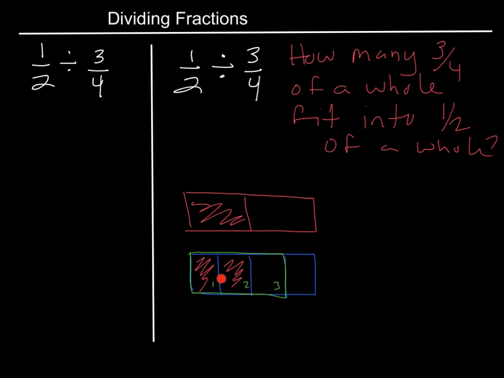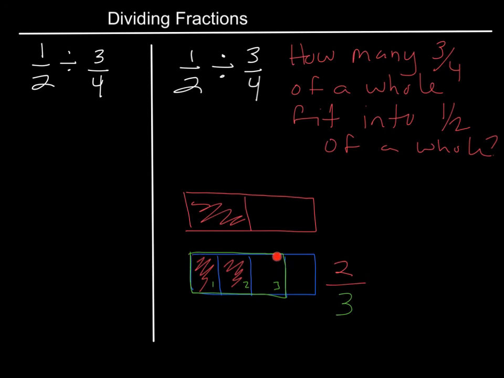Well, you see that I only have 2 parts that are filled in. So for this answer, I have 2 parts out of 3 parts that are green, and that's the part that's probably messing up. You're like, what about this over here? This doesn't matter anymore, because this now becomes my whole that I'm comparing it to.